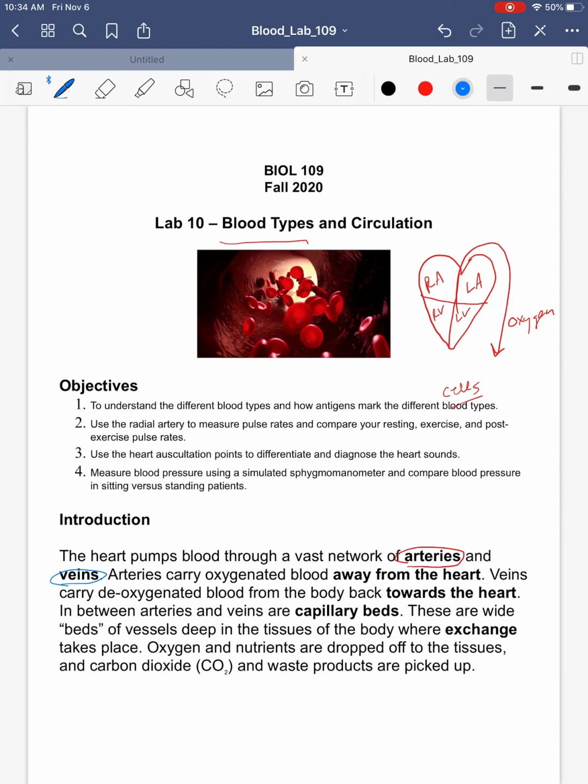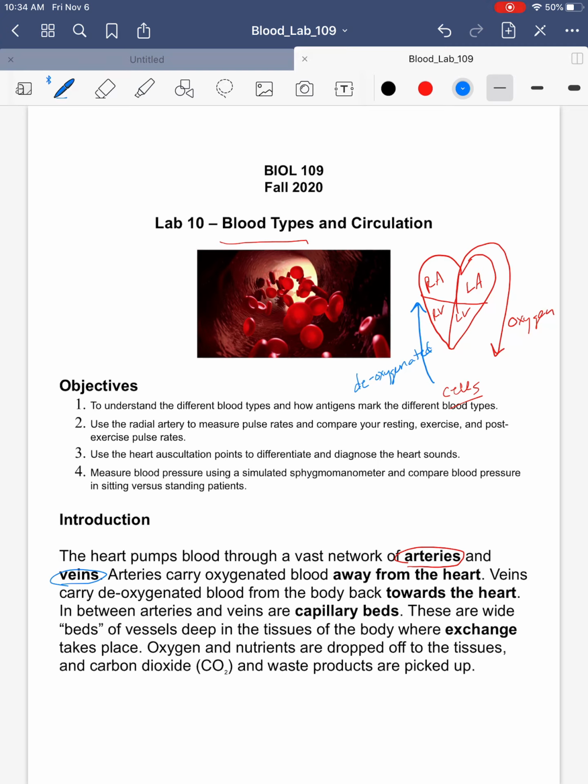And then at the cells in our body, oxygen is dropped off so that what returns to the heart returns through veins, and the veins are colored blue because they are considered to be deoxygenated. So they do not contain oxygen.